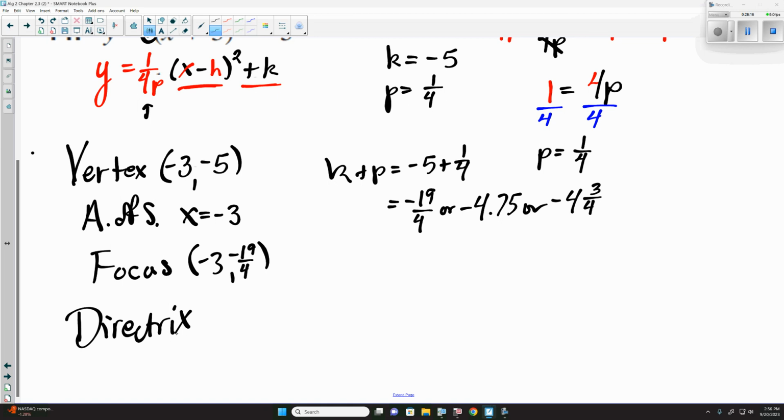But multiplied by 4p, is it not negative 4p? Is it not negative 8?